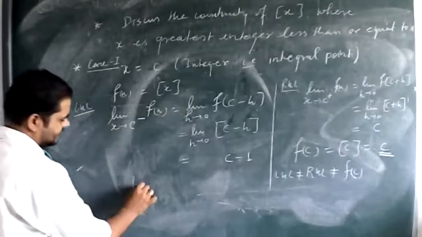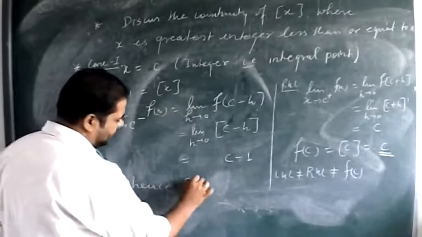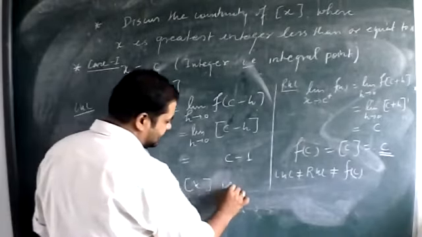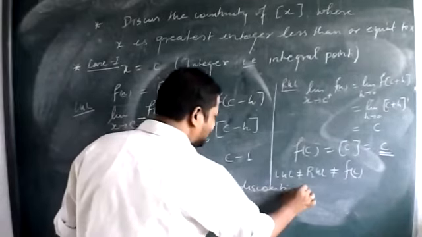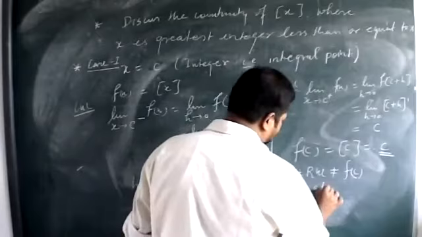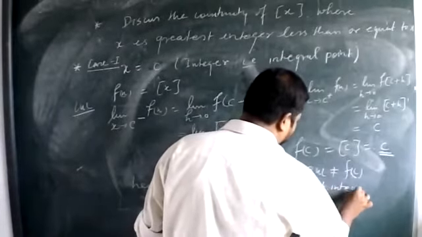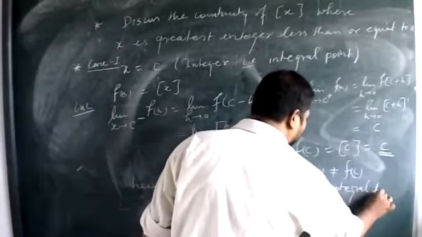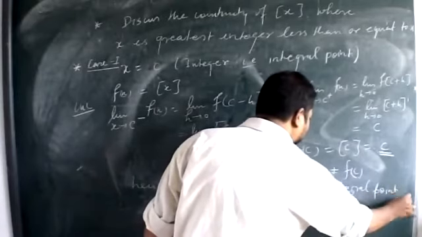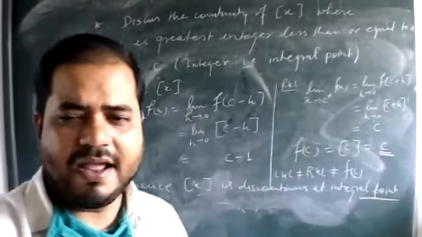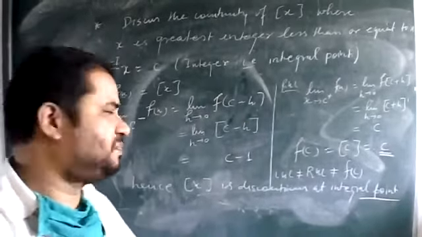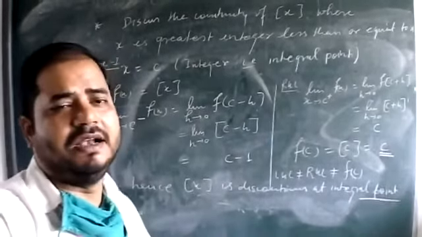Hence, the bracket function is discontinuous at integral points. Discontinuous at integral points. Okay, and first you note it down, then after that we discuss at non-integral points.